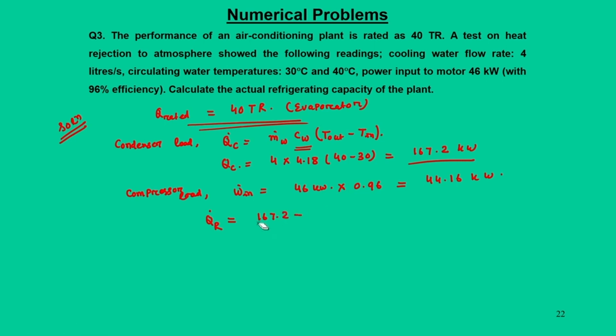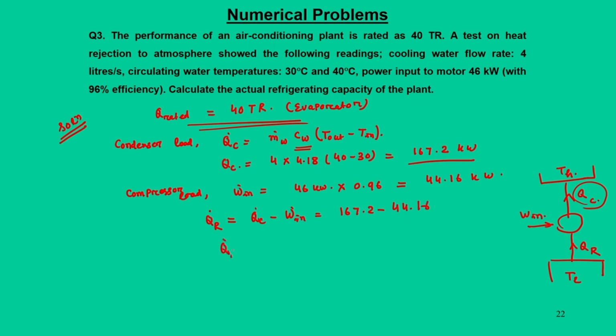From this we can calculate the evaporator load, that is QC minus W in, because if you look at this particular cycle, there is W in, Q C and Q R, and this is the air conditioning plant, with low temperature and high temperature. So, Q R is nothing but QC minus W, that is 167.2 minus 44.16.